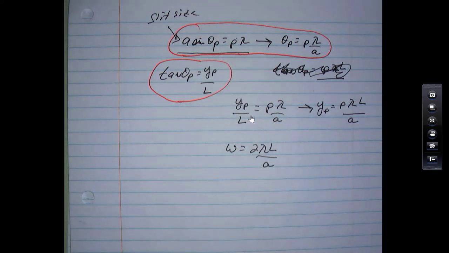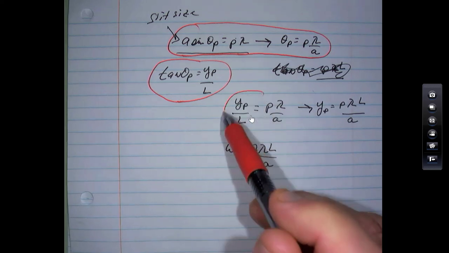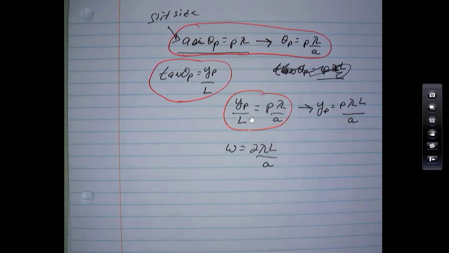In the small angle approximation, the sine of theta is about equal to the tangent of theta. So if you set the sine of theta equal to the tangent of theta, you get this. When you're reading through the chapter, wondering where it's coming from, well, the sine of theta is about equal to the tangent of theta.